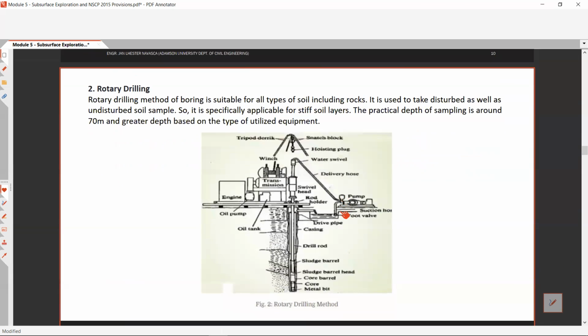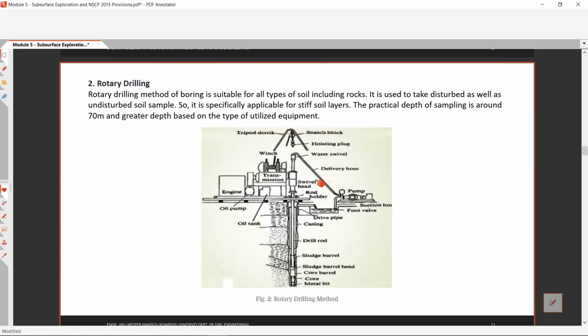Then also we have rotary drilling. The rotary drilling method is suitable for all types of soil, including the rocks. It is used to take disturbed as well as undisturbed soil samples. It is specifically applicable for very steep soil layers. The practical depth of sampling is around 270 meters and greater, based on the type of the specimen to be used.